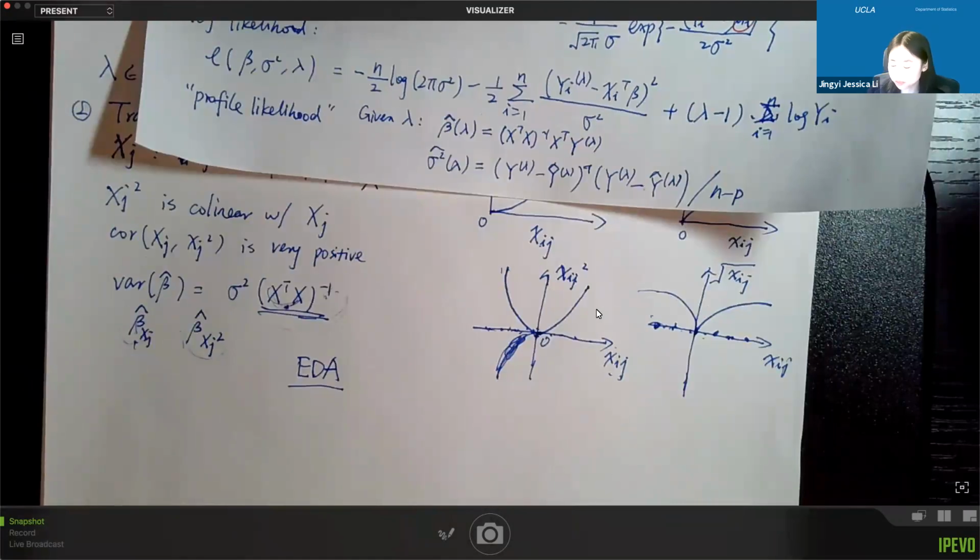So you want to play with your data for every feature, every column in your X. You try the transformation, and then you just plot each transformation against the response to see if there's some linearity or correlation between the response and the transformed feature. So that's usually the most intuitive way of engineering features.